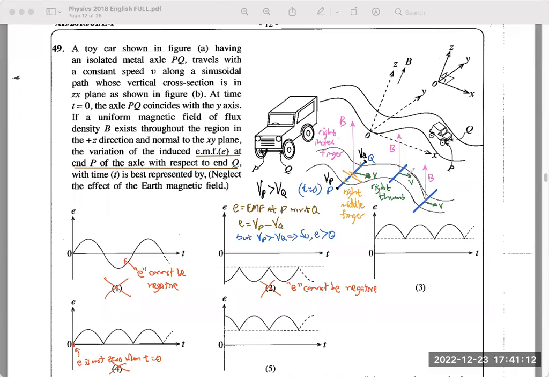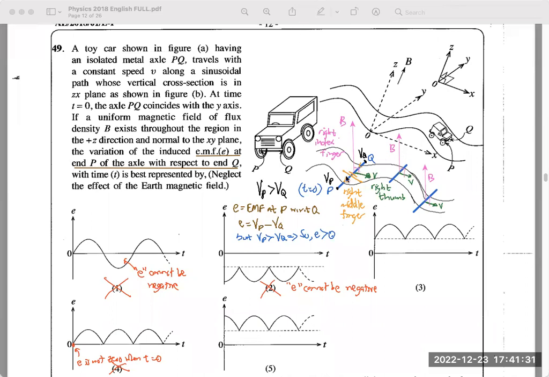This is where it's going to be maximum, because you can see the magnetic field is perpendicular to the direction of velocity. So in these positions the induced EMF will be maximum.